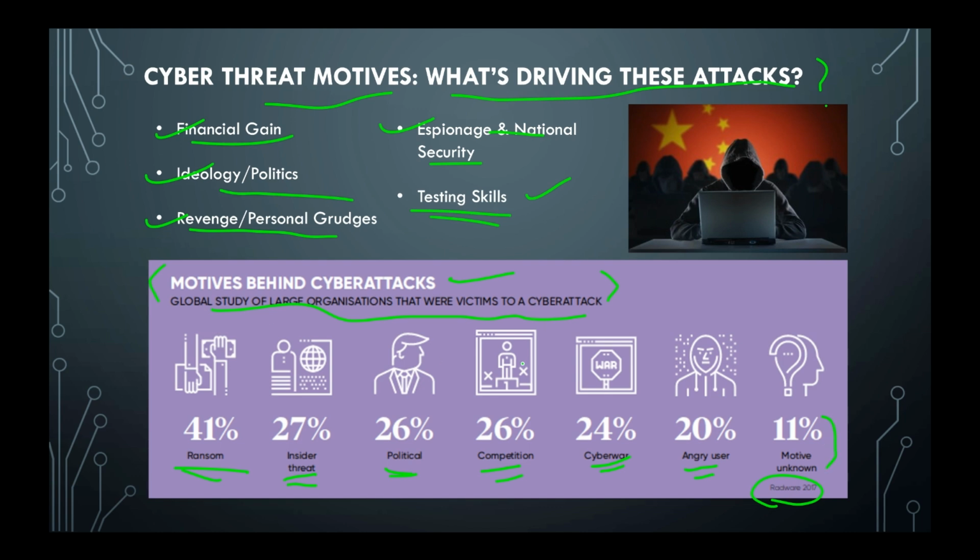So here is the takeaway: understanding why an attack happened is just as important as knowing how it happens. When you know the motive, you can better predict an attacker's next move. And that's what makes you a stronger SOC analyst.